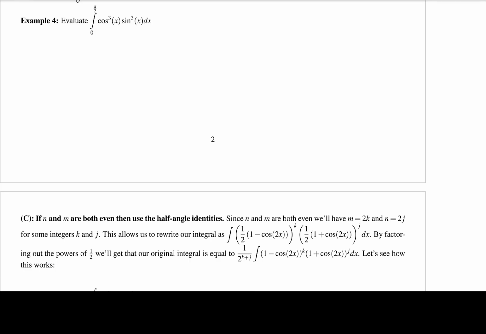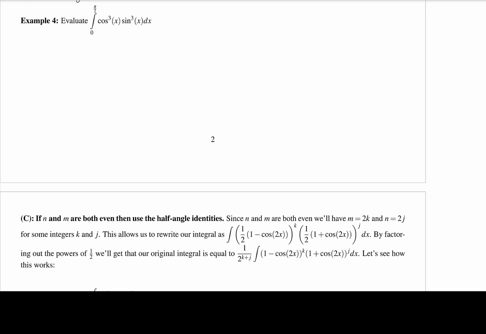So I can use whichever one I want to. I can use the cosine rule or I can use the sine rule. I'm going to use the cosine rule because we don't get that negative. We end up using u equals sine of x, which means our derivative is a positive cosine of x. So I don't have to worry about more negatives floating around.